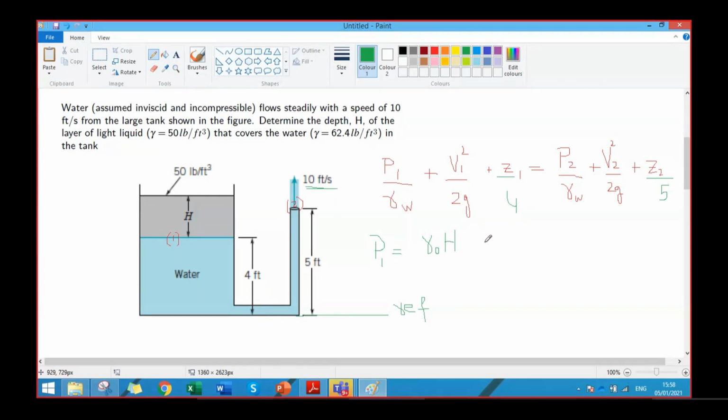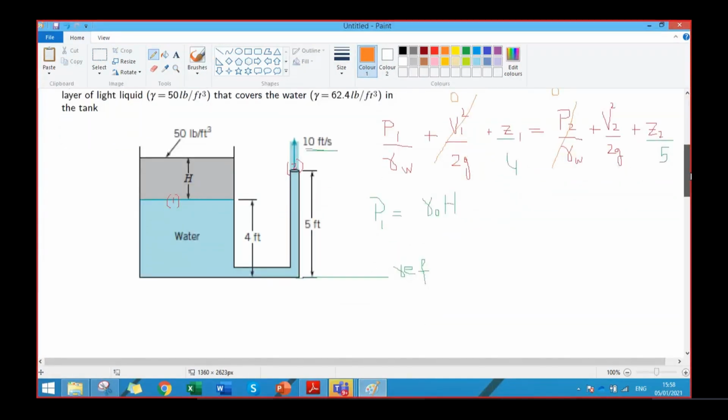Yes. What about V1? 0, sir. V1 is 0 because it's a large tank, free jet situation. What about P2? 0, sir, because it is discharging into the atmosphere, so P2 is also 0. V2 is given to us as 10 feet per second. So we can write the equation now in terms of all the knowns.